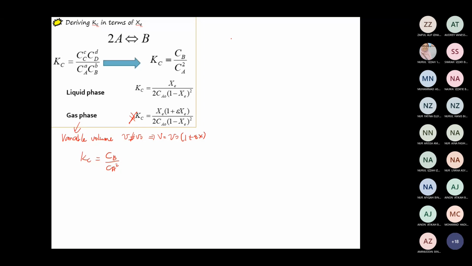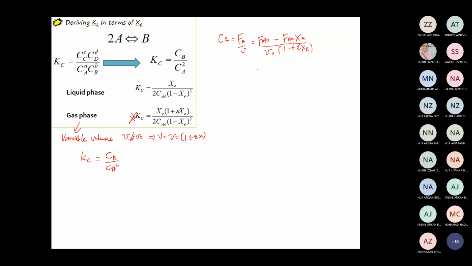So from here CA is equals to FA over V, is equals to FA0 times XE, over V0 (1 plus epsilon XE). Yang ni saya dah pecahkan terus. So daripada sini you boleh keluarkan dia, this one as a CA0.